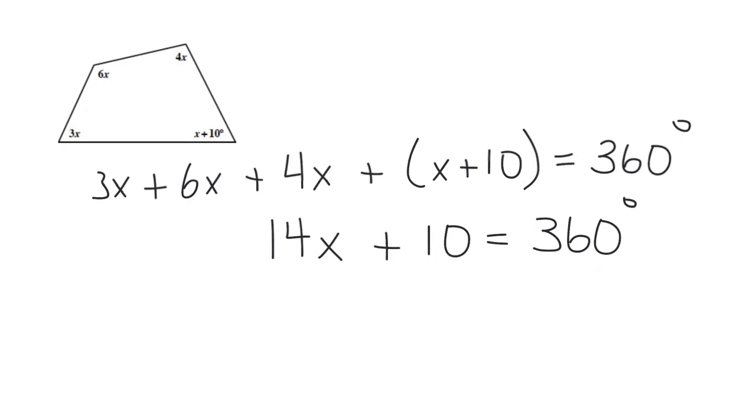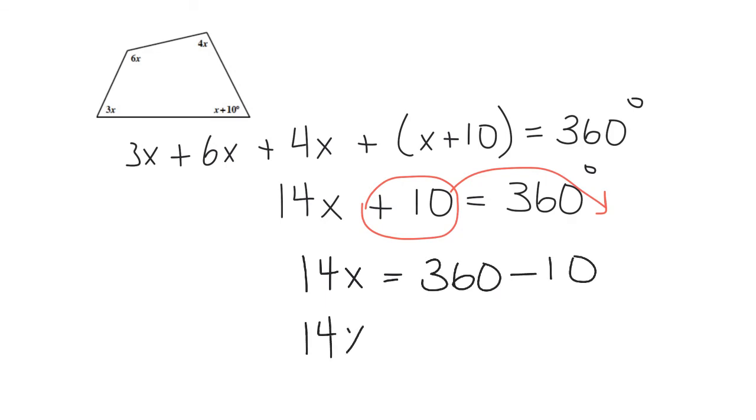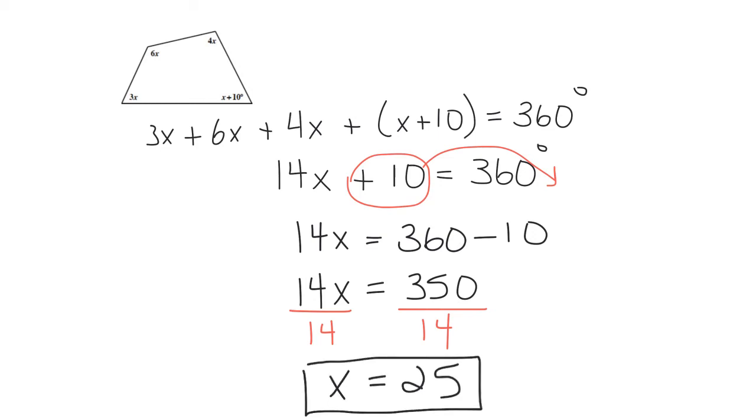Next, this positive 10 needs to come over to the right-hand side. That leaves us with 14x equals 360 minus 10. 360 minus 10 is 350. Then to isolate for x, we divide both sides by 14. 350 divided by 14 gives us 25. So the value of x is 25.